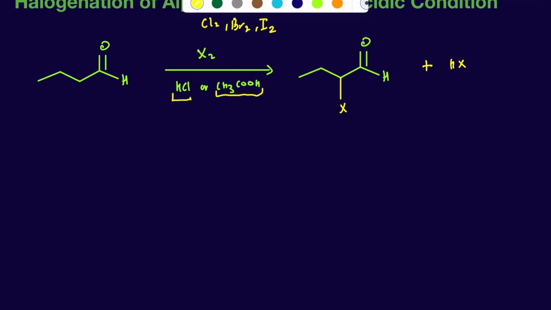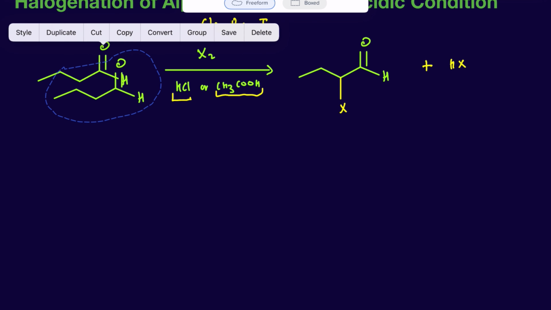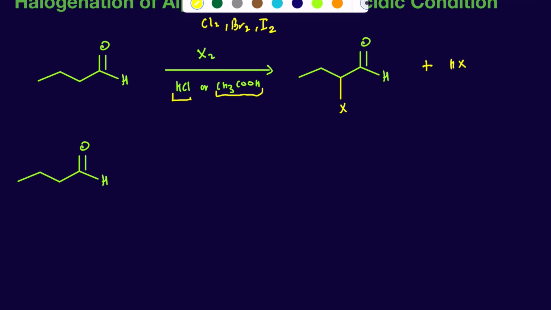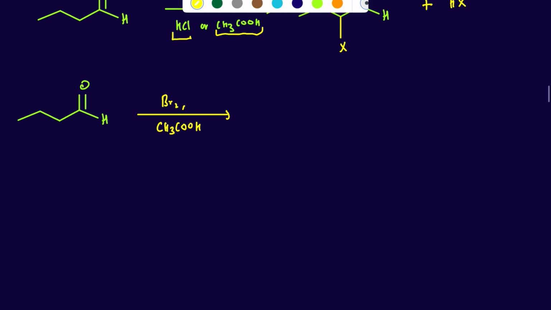Now, how does this really work? So let's talk a little bit about the mechanism. So I can go ahead, use the same guy here, and I want to use Br2 with, let's say, CH3COOH as my acid. So since it's done under acidic condition, it's going to be going through the formation of an enol.